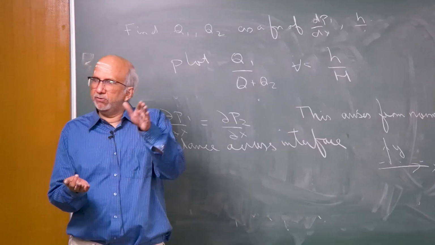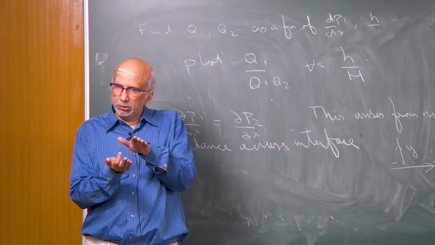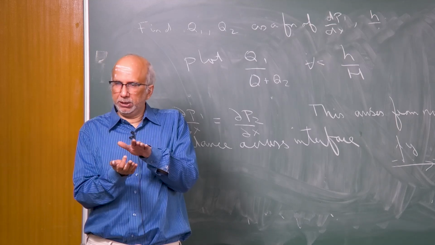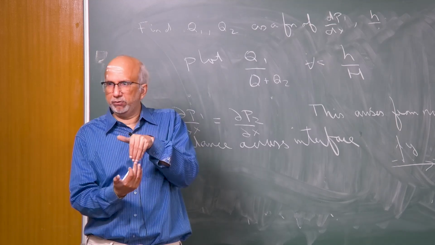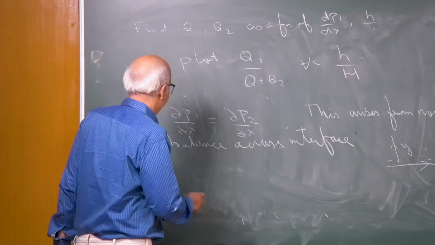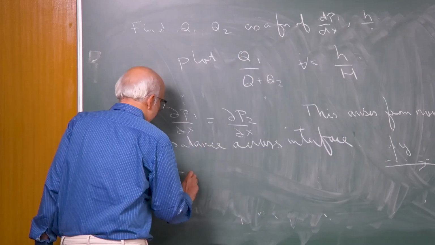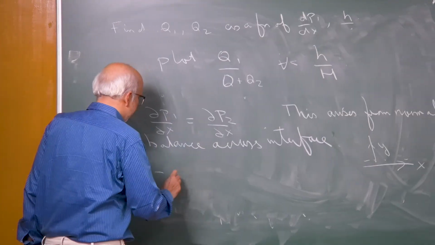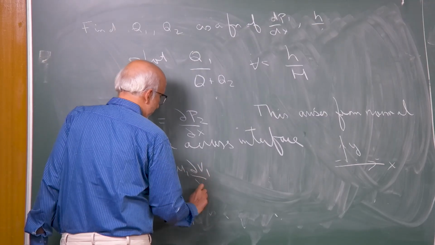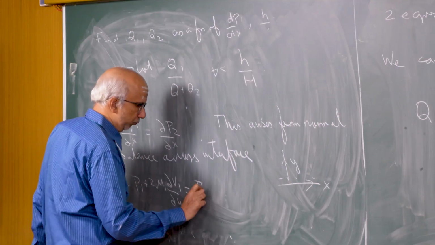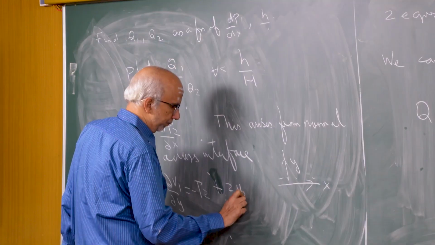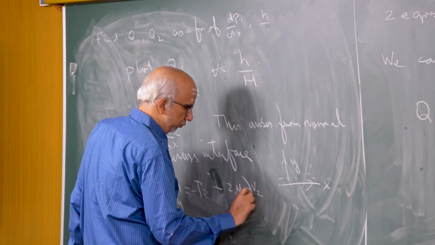Earlier we spoke about continuity of shear stresses. Now, I am talking about continuity of normal stresses. The normal stresses also have to balance each other because of the interface, and the way the normal stress is defined in this particular problem is pressure acting in the normal direction: minus P1 plus 2 mu 1 dV1 by dy equals minus P2 plus 2 mu 2 dV2 by dy.